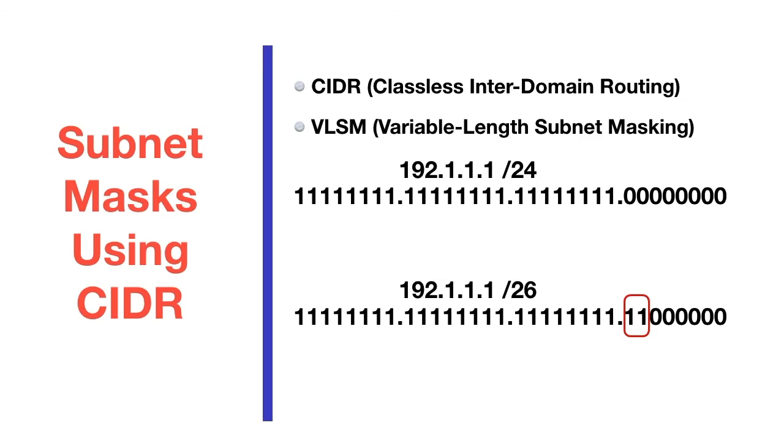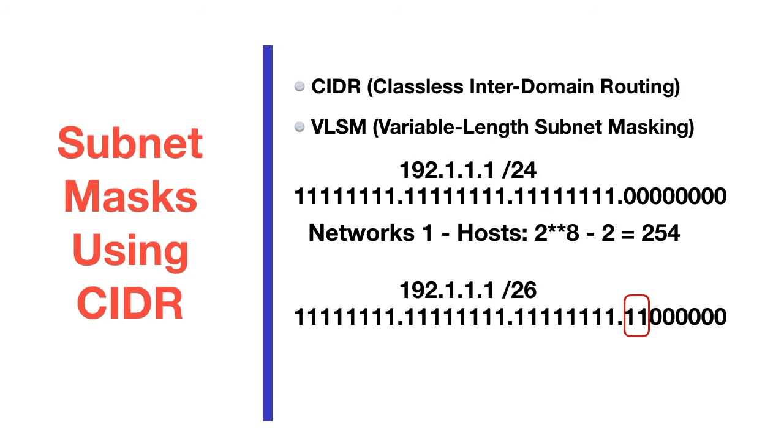Those 2 bits taken from the host section are what we use to create subnets. This will change the addressing from one network with 254 hosts to 4 networks with 62 hosts each.